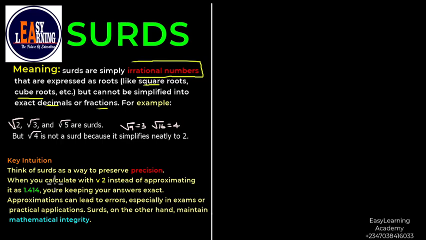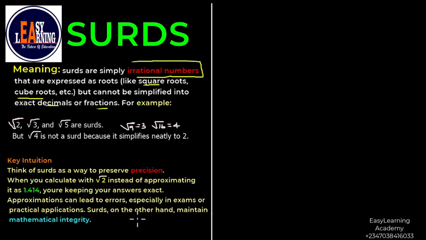There is something I want you to understand, and this is a very powerful intuition. Think of a surd as a way to preserve precision and accuracy. When you calculate the square root of 2, instead of approximating it as 1.414, you are keeping your answer exact. The approximation can lead to errors, especially in exams or in practical applications.